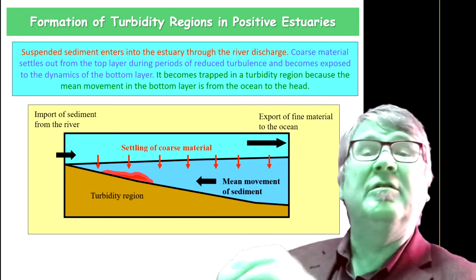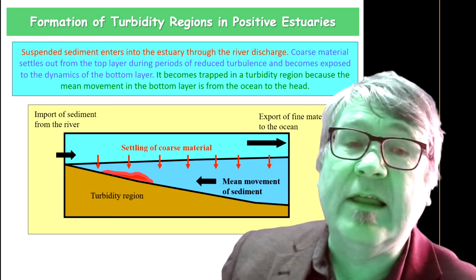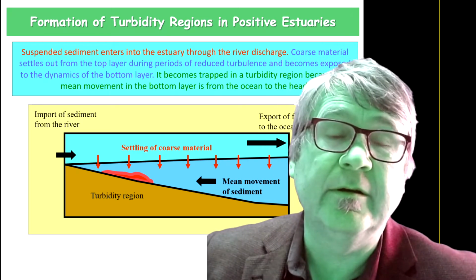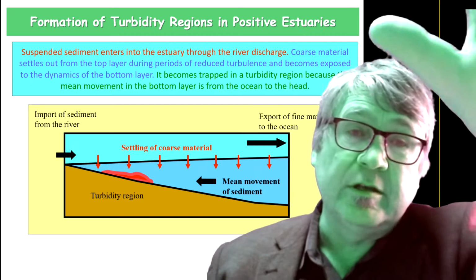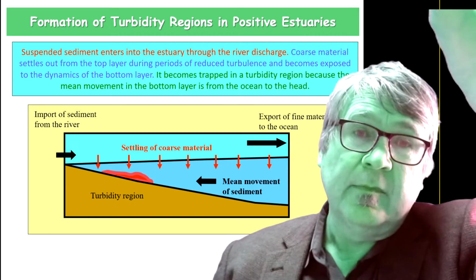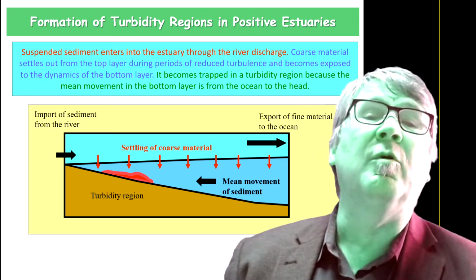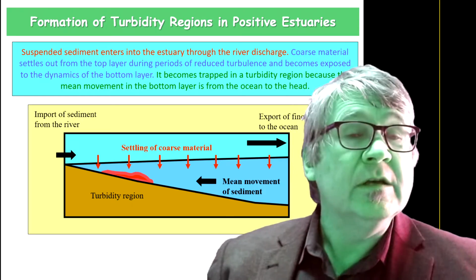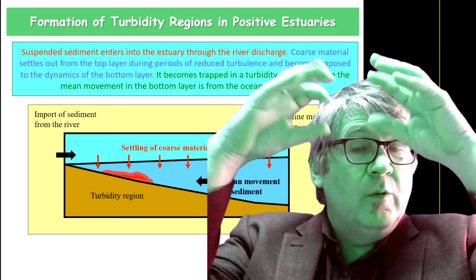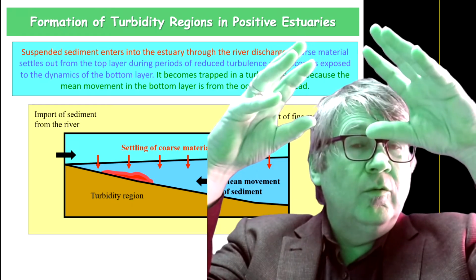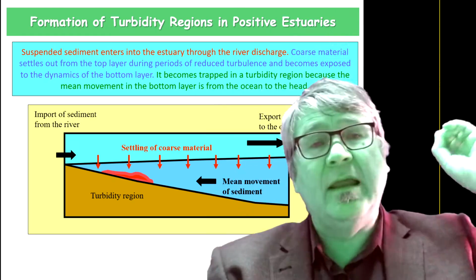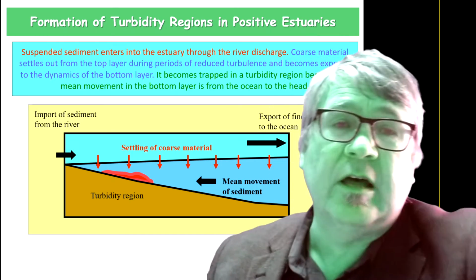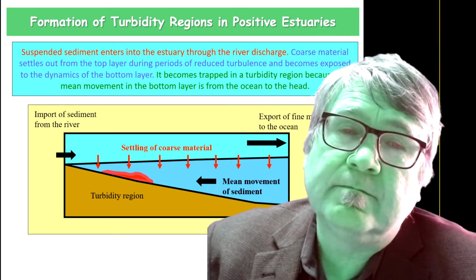So what's shown here is the general circulation of a positive estuary. There is an outflow in the top layer into the ocean, and there's an inflow of seawater underneath. So you have particles within this flow. Very, very fine particles stay in the upper layer and just become flushed out into the ocean.